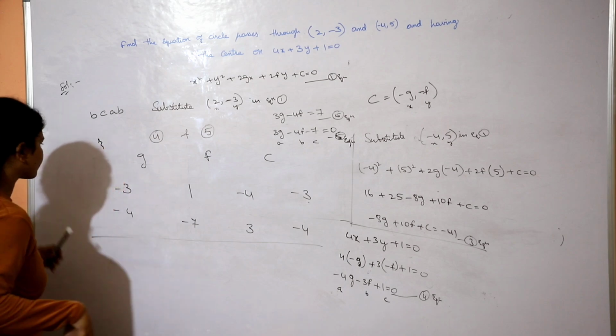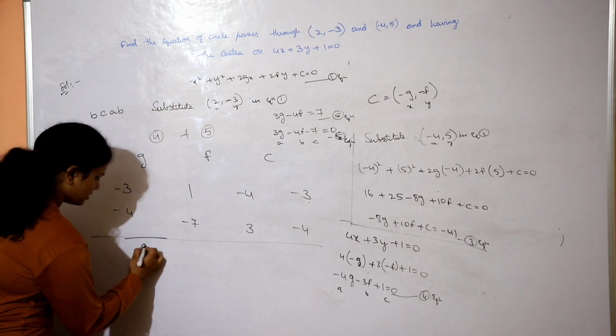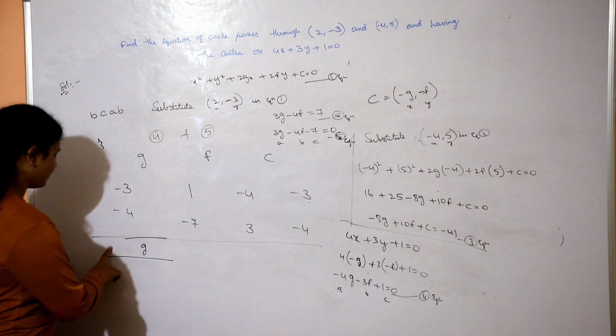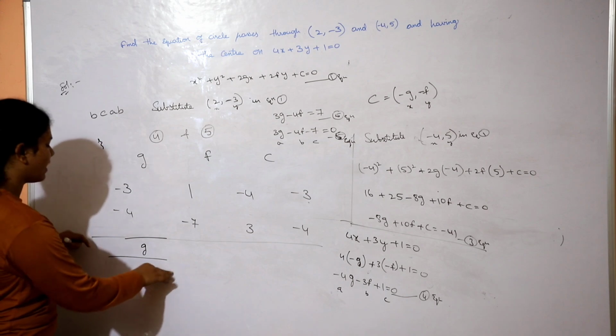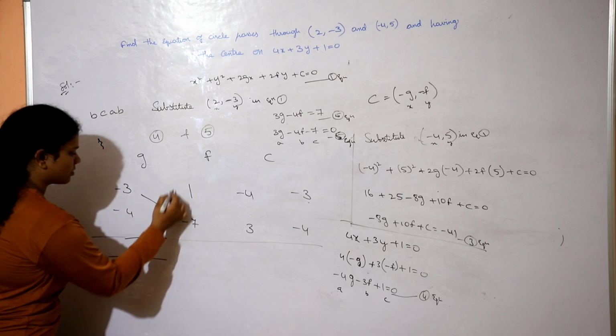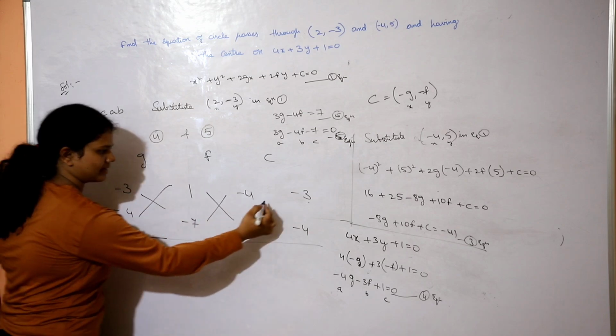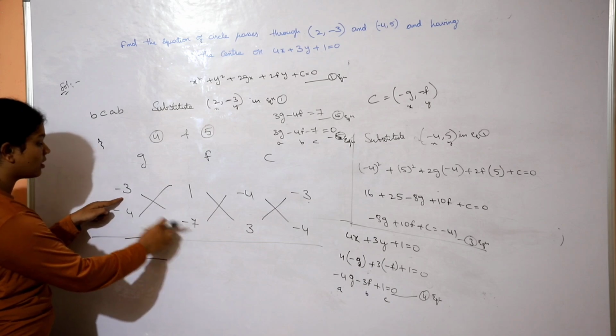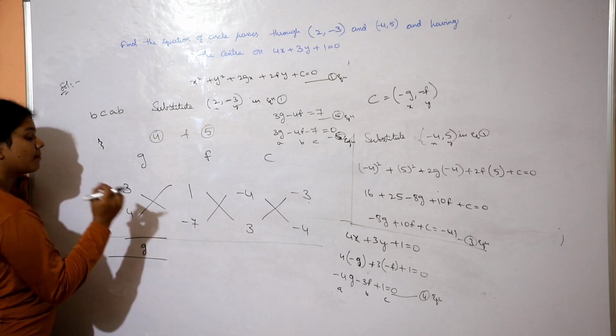So g upon, here you are having g by, just make a cross multiplication. Here goes cross multiplication like this. Which is nothing but minus 3 into minus 7. How much? It's 21.